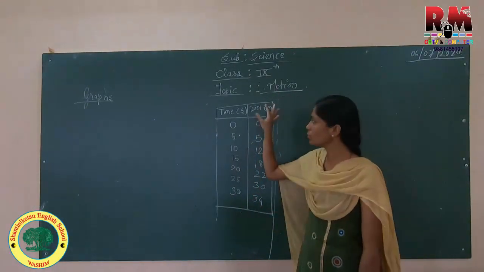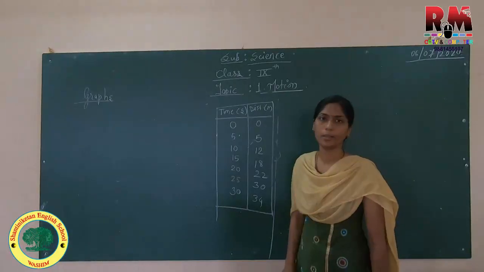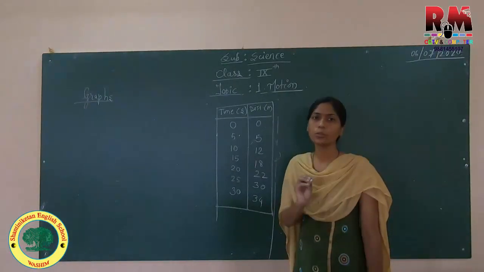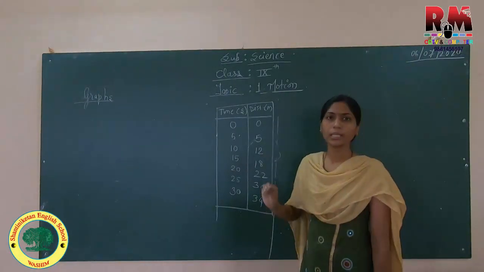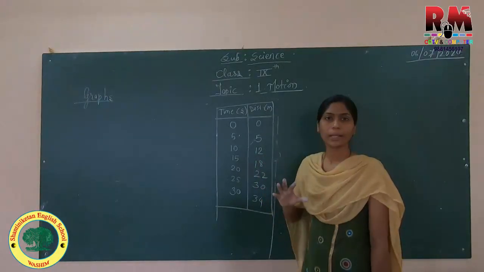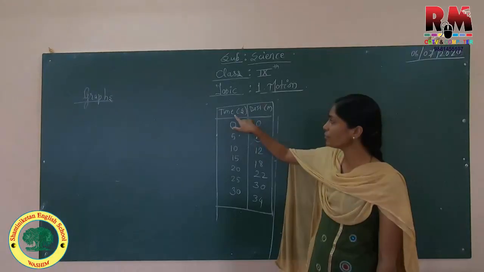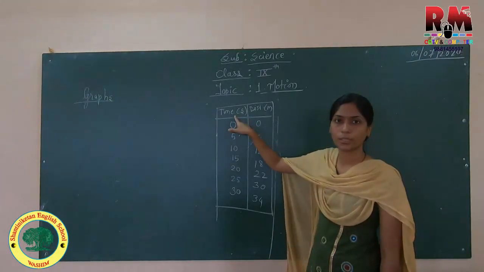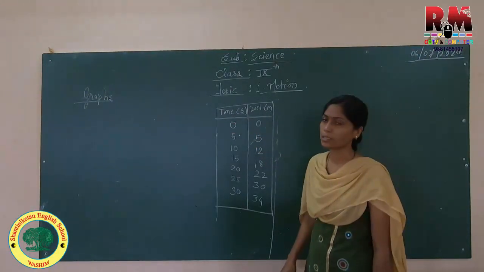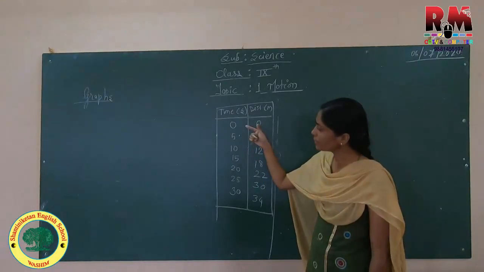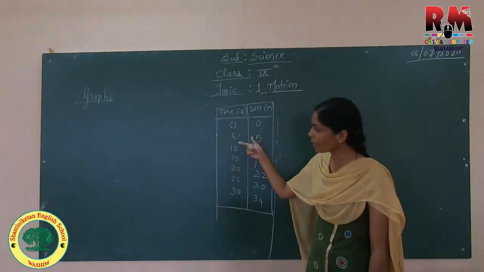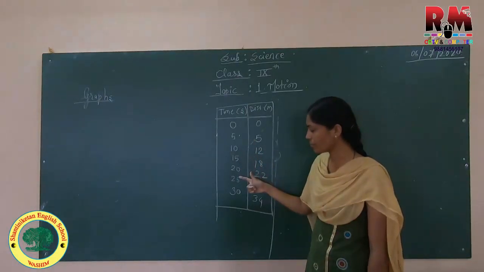From this table you should be able to tell what is actually happening, what type of motion we are getting. So very first you have to see these two columns. One is time, another one is distance. You can see the difference of time here is 5, 5, 5, 5, 5.